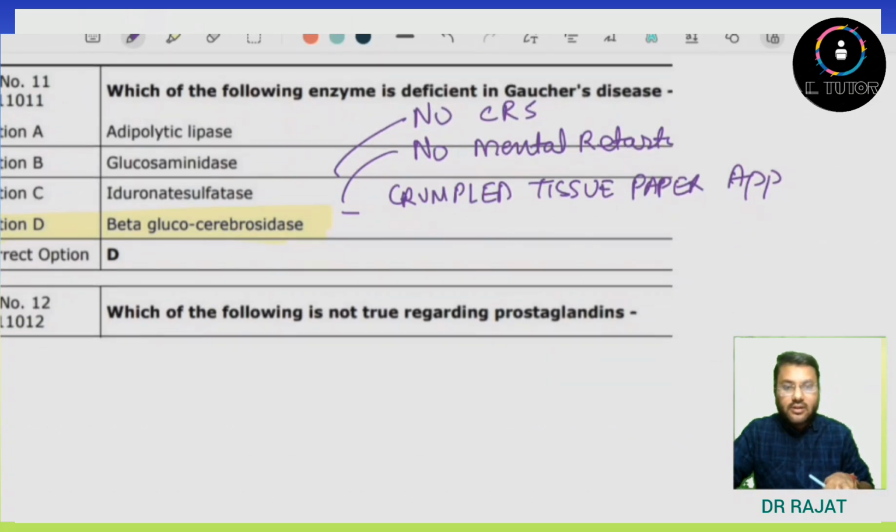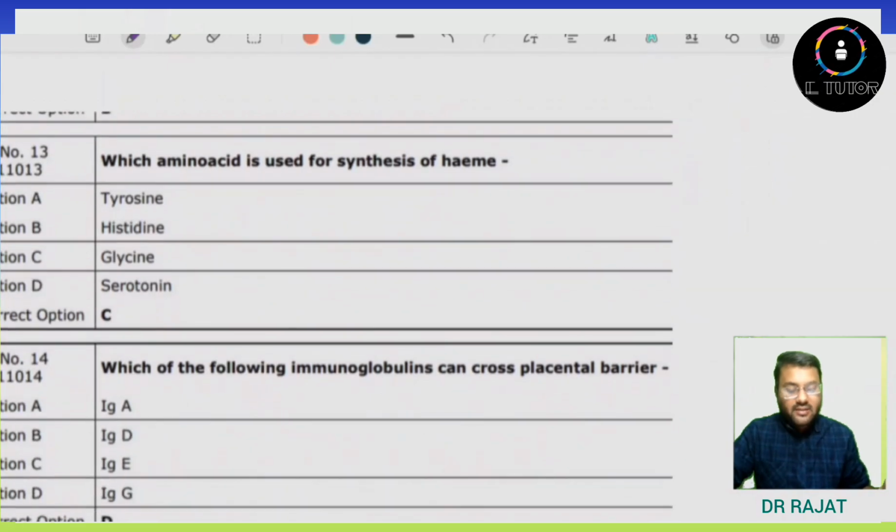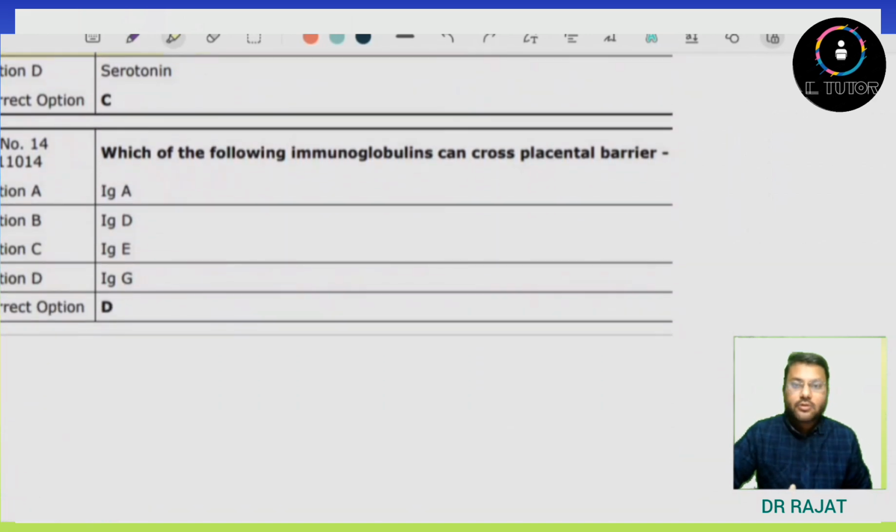Now the next question is: which amino acid is used for synthesis of heme? This is a direct question. For synthesis of heme, the amino acid required is glycine. Next question: which of the following can cross the placental barrier?